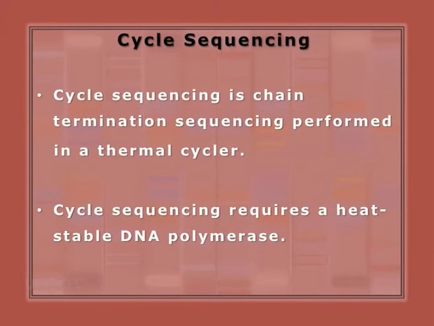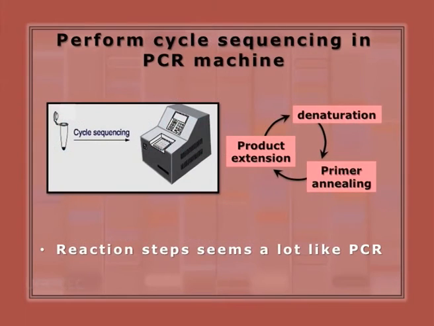You can see here that the normal sequencing process has been replaced by cycle sequencing with the discovery of PCR. Now the Sequenase enzyme has been replaced by a thermostable Taq DNA polymerase. Herein you can see that the sequencing reaction is carried out inside a thermal cycler or a PCR machine, and this is carried on for 25 cycles.